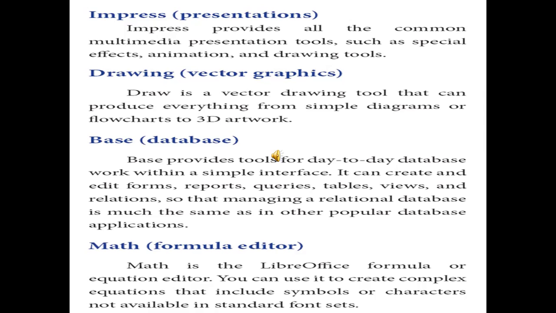Next, Math, formula editor. Math is the LibreOffice formula or equation editor. You can use it to create complex equations that include symbols or characters not available in standard font sets.